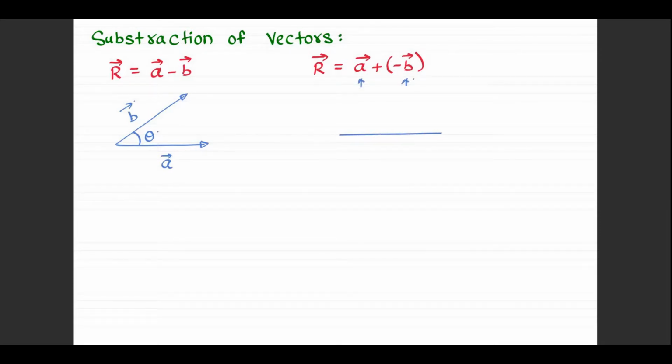So A vector remains as it is. And if you remember properties of vectors, if I know B vector, I can easily get minus B vector by reversing the sign. Sorry, magnitude remains the same, I only reverse the direction. So let me reverse the direction.